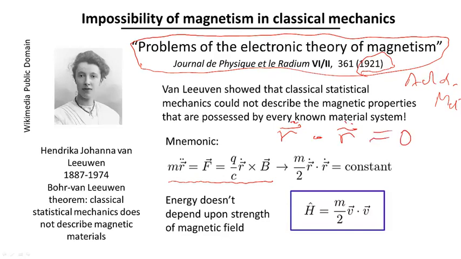Do you see that the Lorentz equation implies that the kinetic energy of the system is constant? It's independent of the field. So if you have a particle in some state of motion, you turn a magnetic field on and off, you're not going to couple energy into the system.